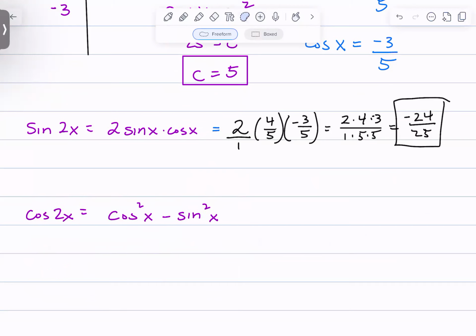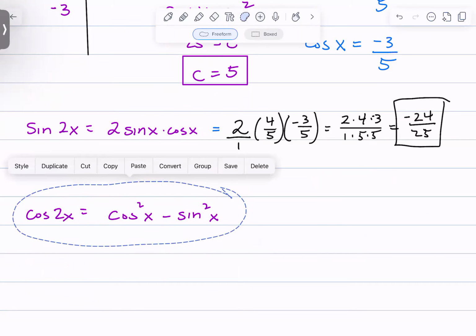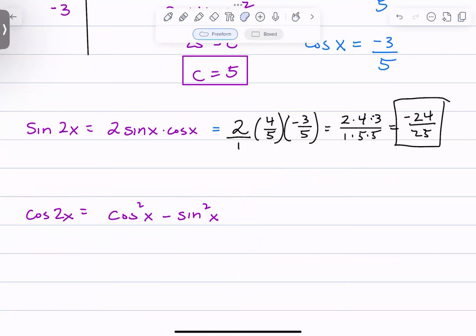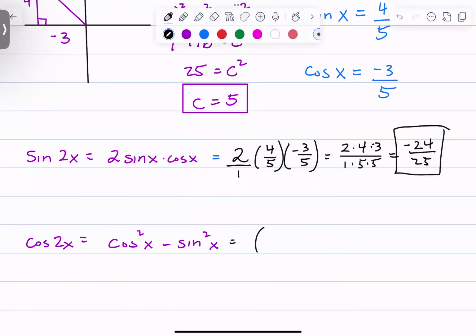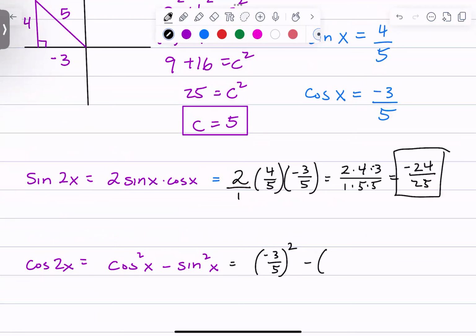Okay, so the double angle for cosine is cosine squared minus sine squared. The reason why I like to use the first one instead of the second or third one is because I know I'm going to be squaring both of them. So after I square it, my denominator stays the same.